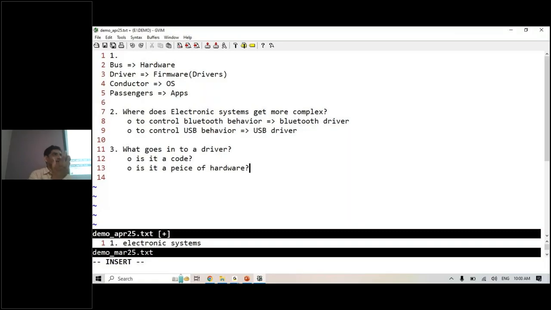Is the operating system a code or is it hardware? Is it some piece of physical element? It's code. Applications, you are developing WhatsApp, you develop some piece of element? No, right? It's code you are developing. So anything other than the hardware, everything else is some level of code.